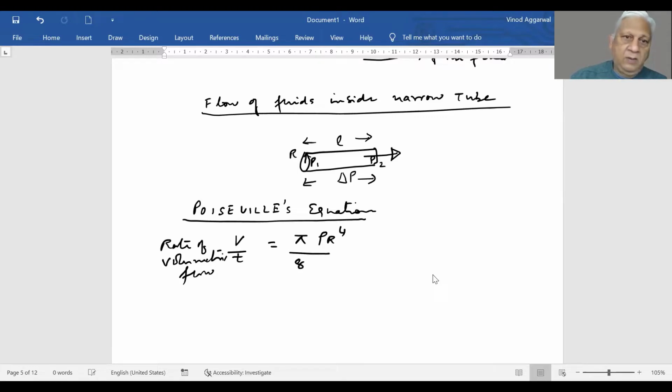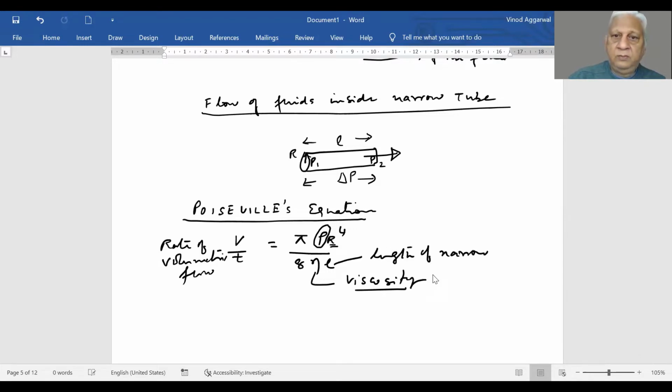This is the pressure difference between the two ends. r is the radius of the tube. This is the viscosity of the fluid. This is the length of the narrow tube. Then the rate of flow is given by this equation.